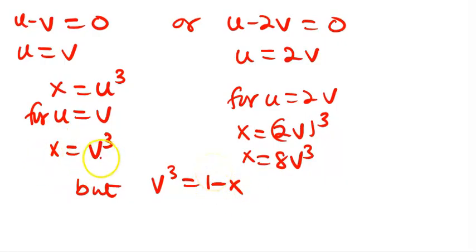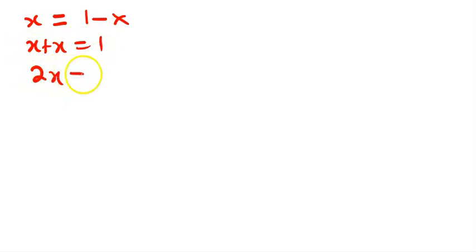It implies that x will be equal to 1 minus x. So let's add x to both sides, so that we have x plus x equal to 1, 2x equal to 1, x will be 1/2.